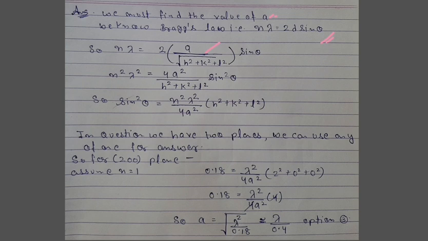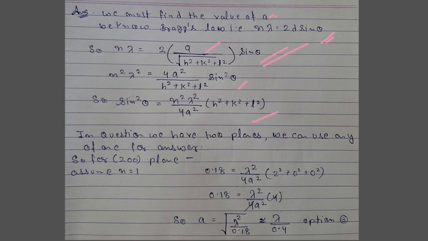Okay, so when we square this equation on both sides, we get n square lambda square equals 4a square upon h square plus k square plus l square, times sin square theta. Now we rearrange this equation and we get the value of sin square theta, that is n square lambda square upon 4a square times h square plus k square plus l square.